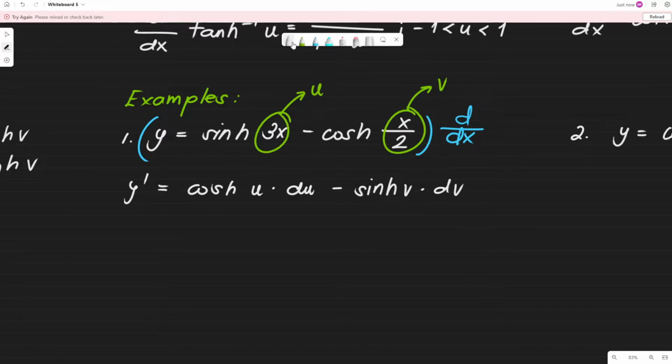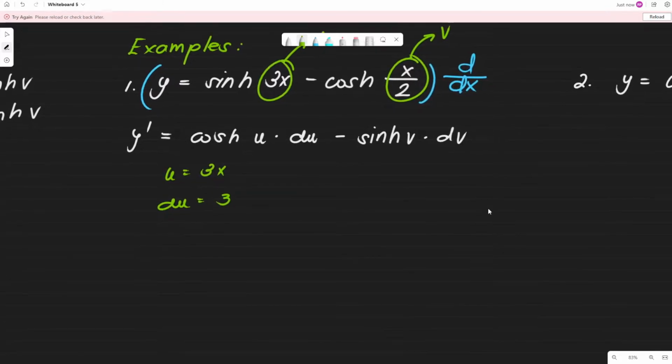Okay? So, u is equal to 3x. So, therefore, du is equal to 3. Diba? The derivative of 3x in respect to x is 3. Then, we have x over 2. V is equal to x over 2. So, our dv is equal to 1/2. Now, tapos, plug nyo na lang ng i-plug.